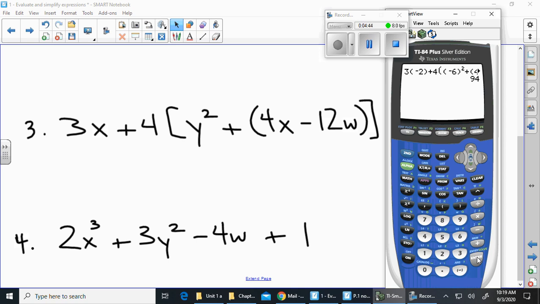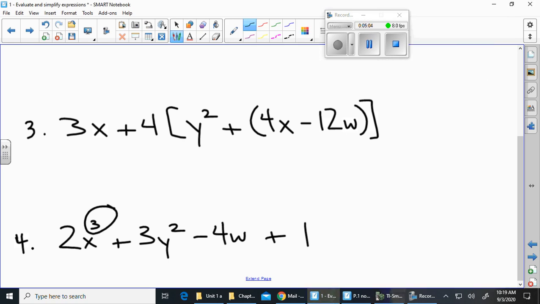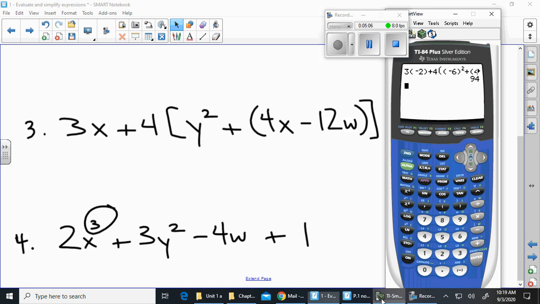I know a lot of you will want to show your work. You've got to be careful with squaring negatives. If you don't put parentheses in your calculator, it gives you a negative, and the answer is a positive. I don't think I need to do this last one, but the big thing is if something is cubed, in your calculator you want to make sure you use the caret key.